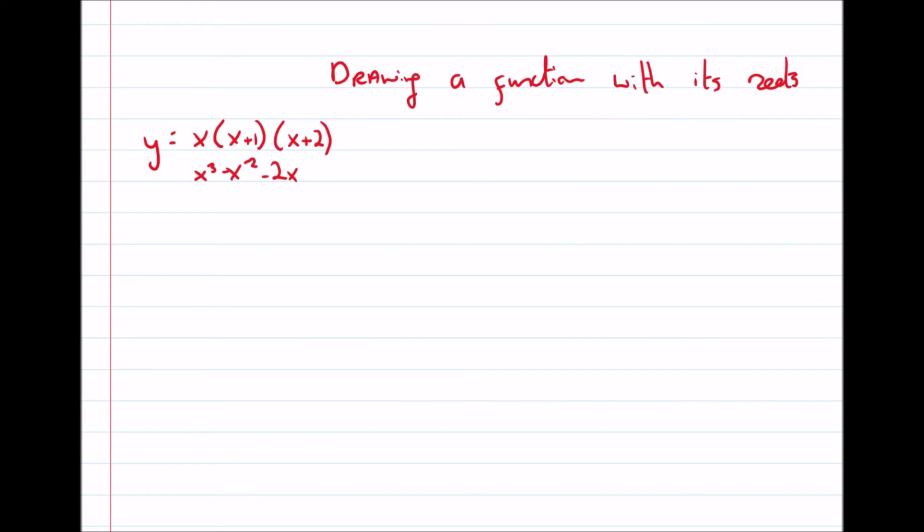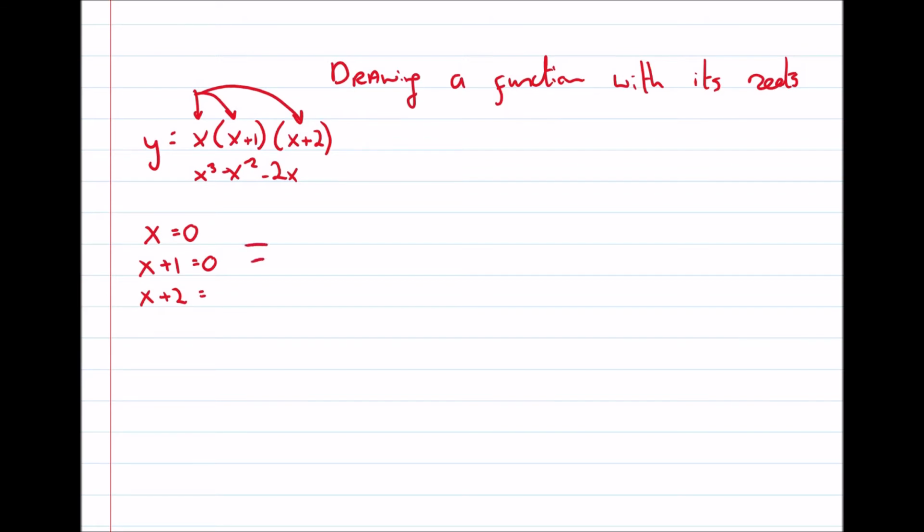So if we look at this, here's the roots. What we do is we let each of the roots equal 0. So x equals 0, x plus 1 equals 0, x plus 2 equals 0.